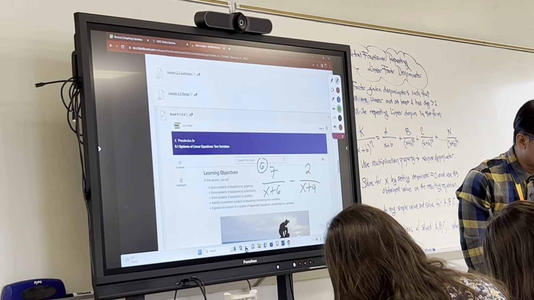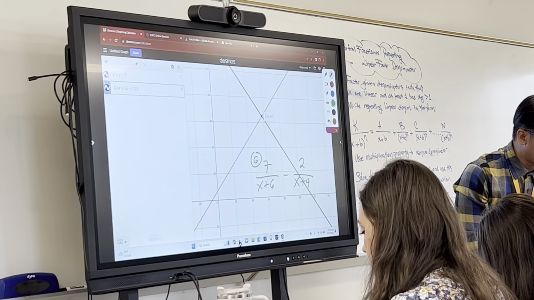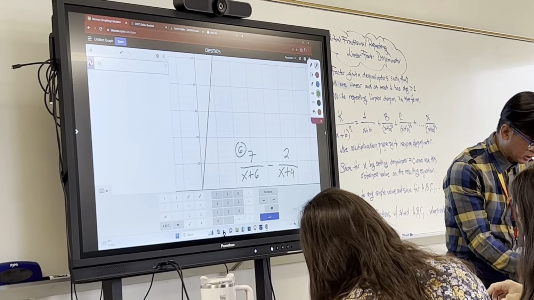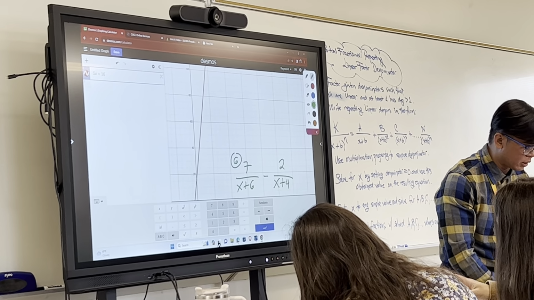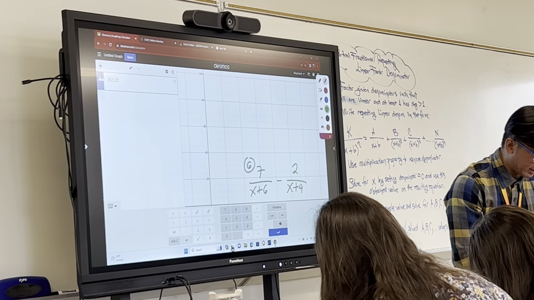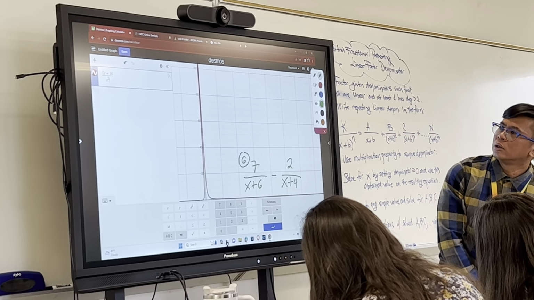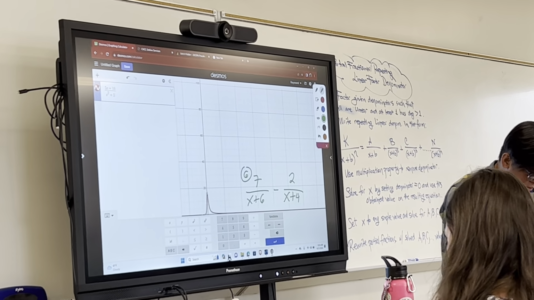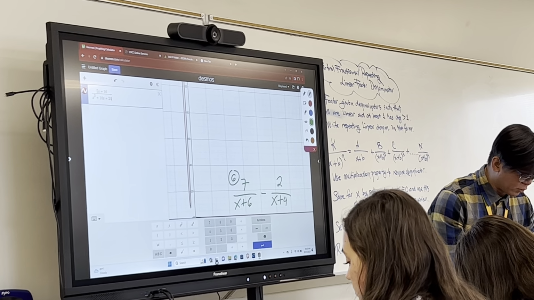Well, let's put it in our calculator and see how it looks. What's this once again? 5x plus 16 over x squared plus 10x plus 24.